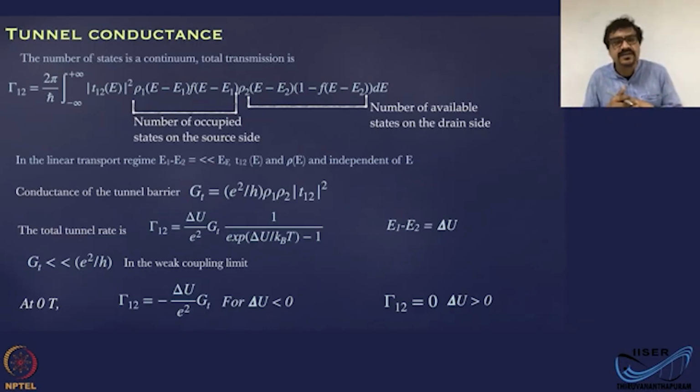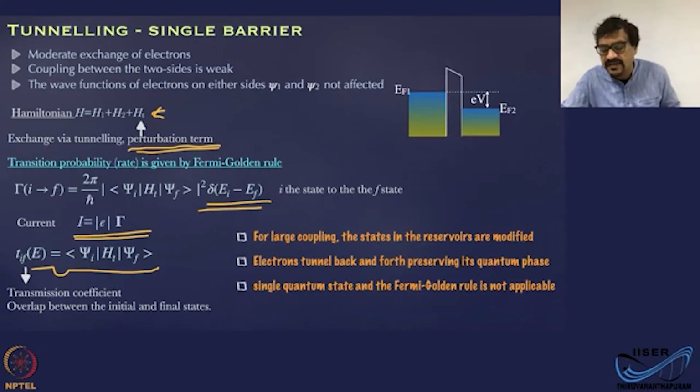Okay. So we can assume that the states on the source side are a continuum. There are a lot of states in a continuous manner, and there are a lot of states available on the drain side also in a continuous manner.